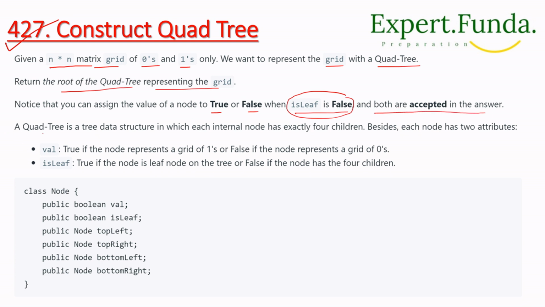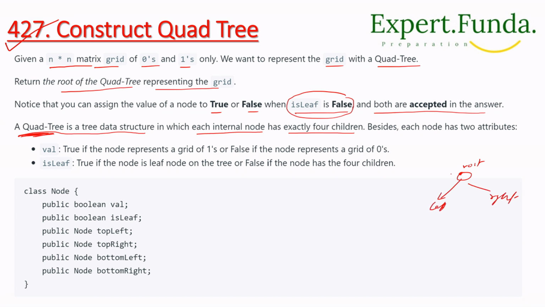So a quad tree is a tree data structure in which each internal node has exactly four children. Previously, if you remember, in a binary tree we have a root, and there is a left child and a right child.